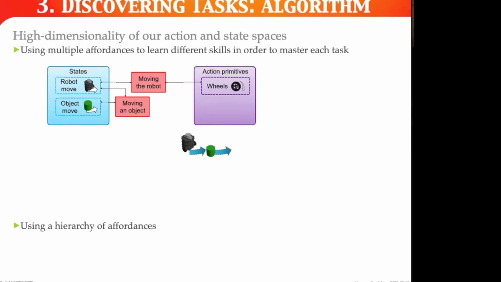So the model moving an object takes as input the robot position and outputs the object position. And so it learns through these submodels to push an object with another through the commands of its wheels. So this uses a hierarchy of affordances.